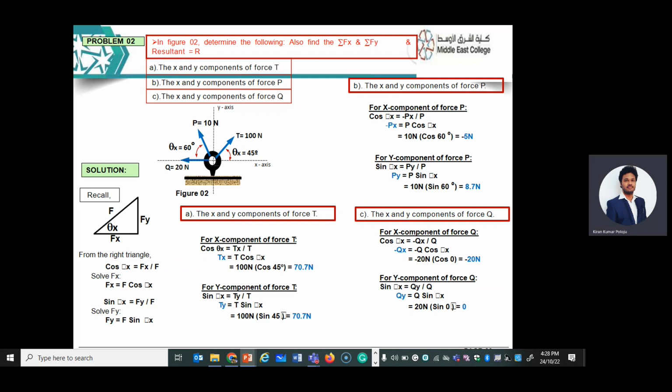Summation of Px means all the values in the X direction, summation of Px or Fx. Summation of Py or Fy is the force in the Y direction. All the X component forces should be added, all the Y component forces should be added, and under root you will get the resultant.